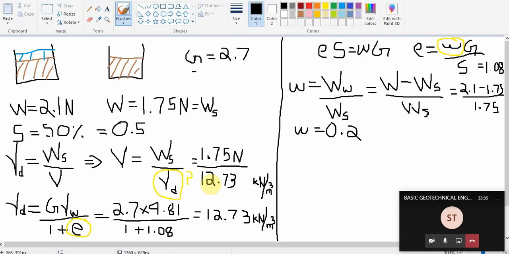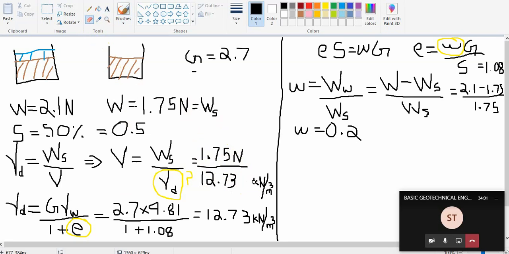Meter cube, sir. Okay, but here the weight is in Newton and this unit weight is in kilonewton. You can't substitute values in different units.